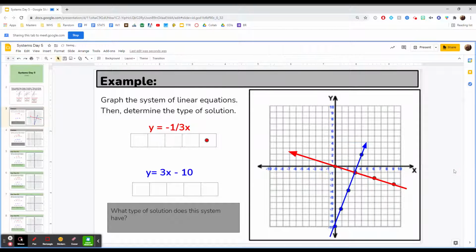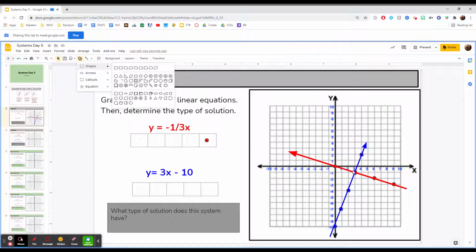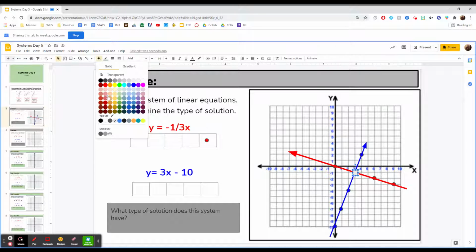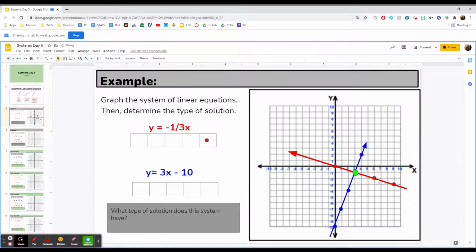Now, if you can tell, the line seems to go through this point. The lines touch each other at that point right there. Okay, let me change the color here. That seems to be 3 for x and -1 for y.